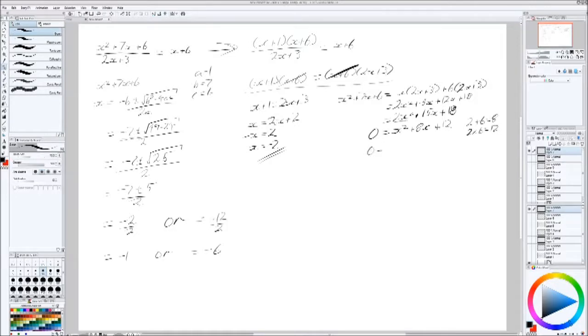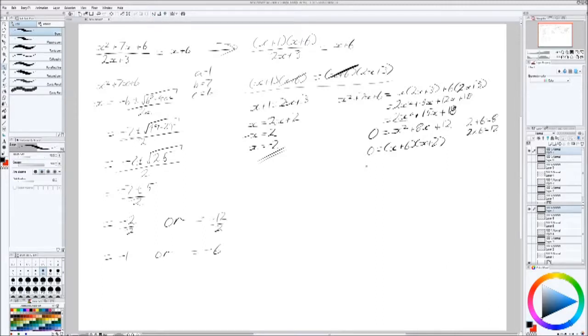Therefore we're going to have 0 is equal to x plus 6 times x plus 2, which means we end up actually getting two possible answers for what x could be, purely because it's a quadratic. With a quadratic you have two answers, whereas with linear you'll have one answer. Sometimes with a quadratic you can have one answer, but generally speaking up to two answers.